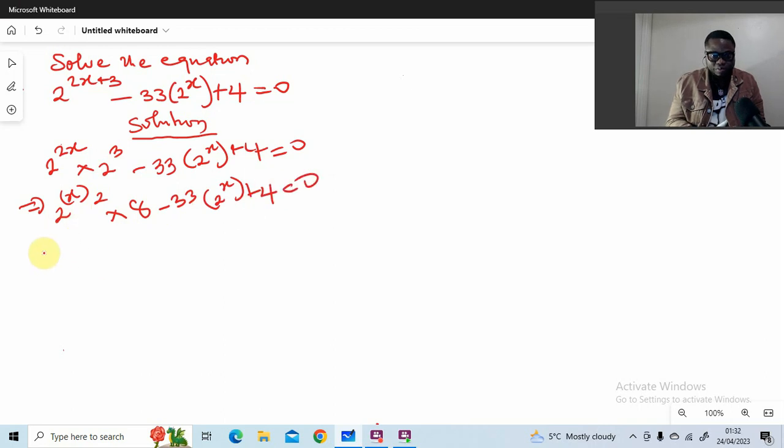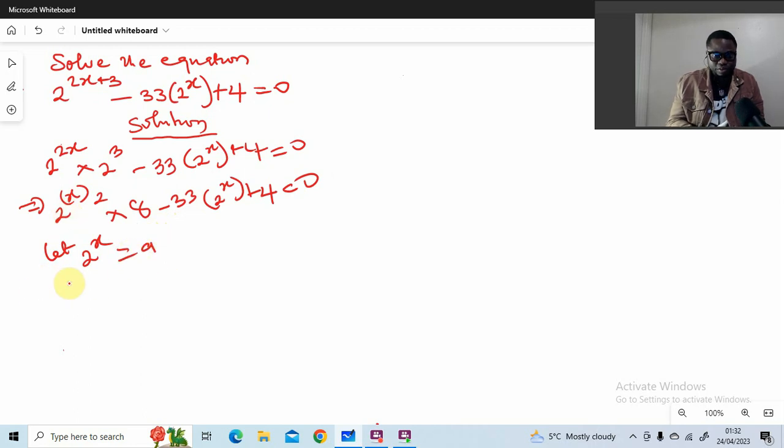So now I'm going to introduce a second variable. I'll call it a to replace 2 exponent x. Let 2 exponent x equal a. So meaning anywhere I see 2 exponent x here, I'm going to replace it with a.